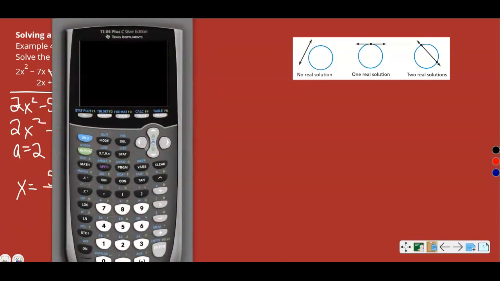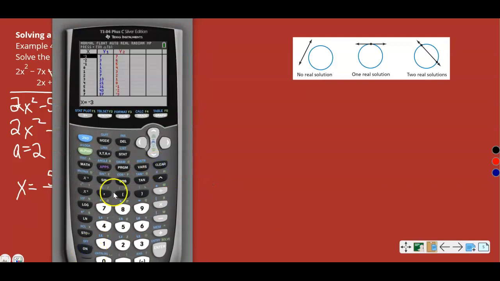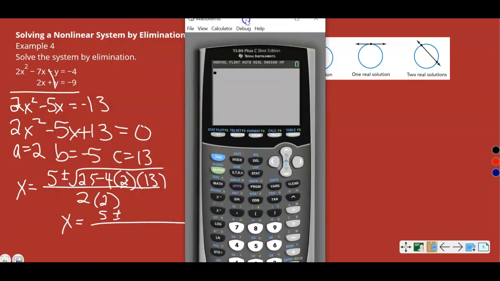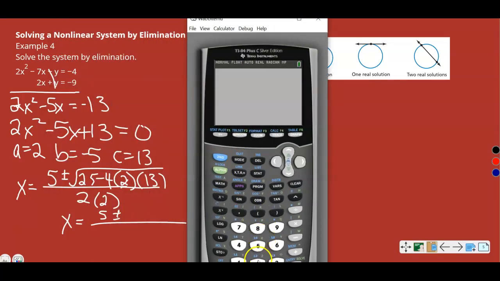Let's pull up our calculator here and see if we can quickly do this. I'm going to have 25 minus 4 times 2 times 13. And this is actually called the discriminant.